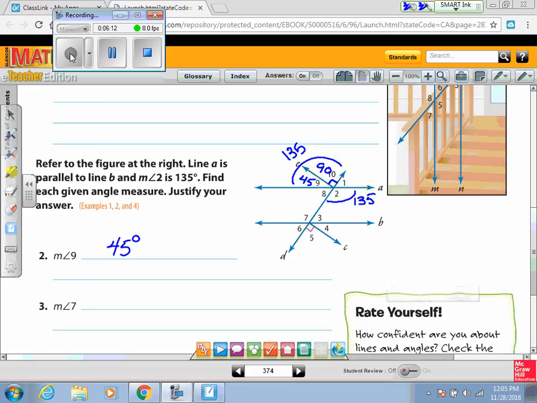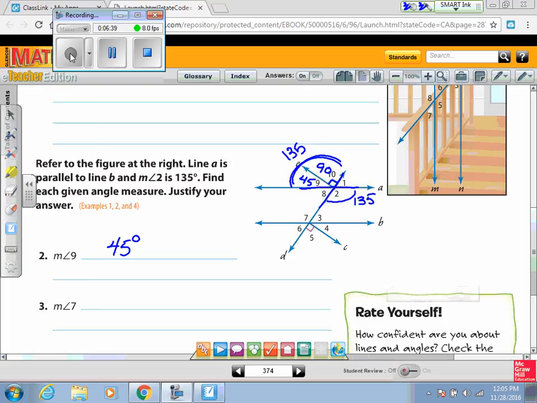And that's because 90 degrees plus 45 equals the 135, which, because of the definition of vertical angles, if angle 2 is 135, this whole angle here is 135. And if you take away the 90, the measure of angle 9 is 45.